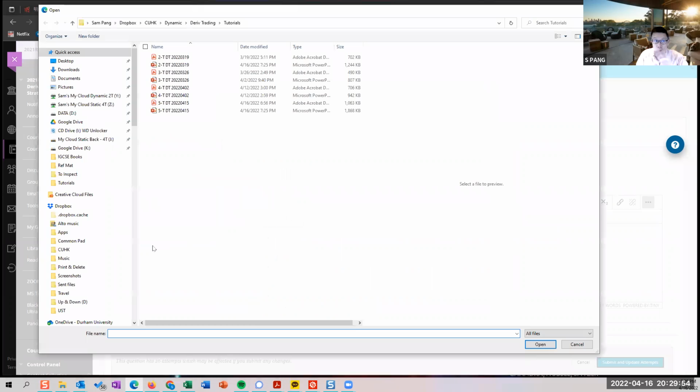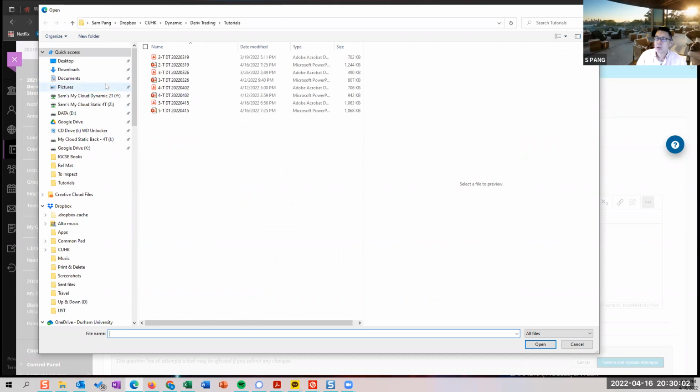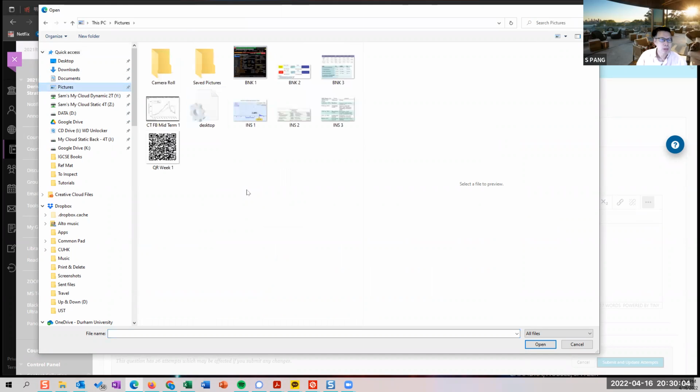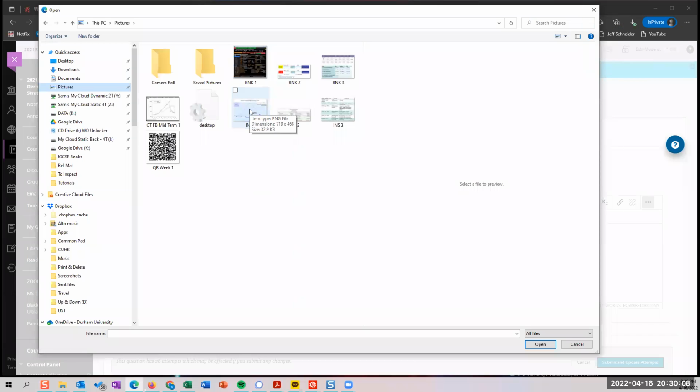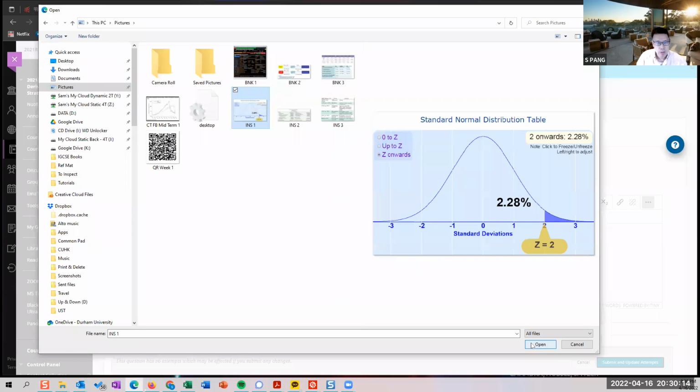Again, I emphasize you don't have to do this, but if you want to try, go right ahead. I'm not going to stop you. And I'm going to go pictures. And I'm just going to randomly pick one. These are all JPEG files, so these are all picture files.